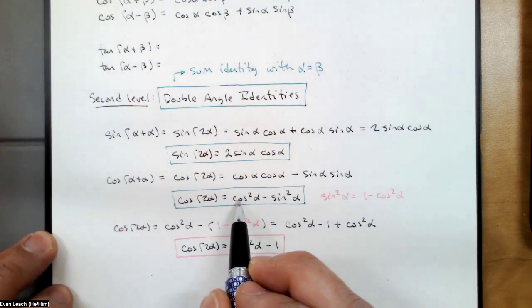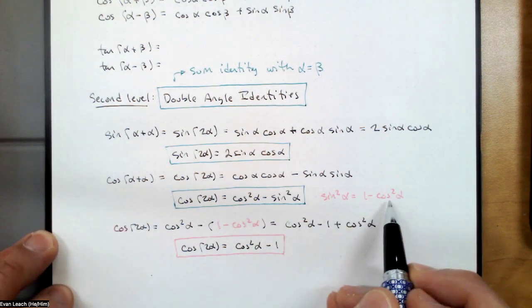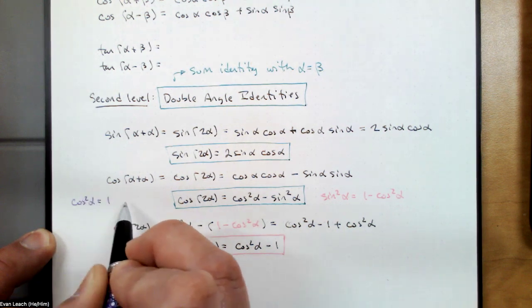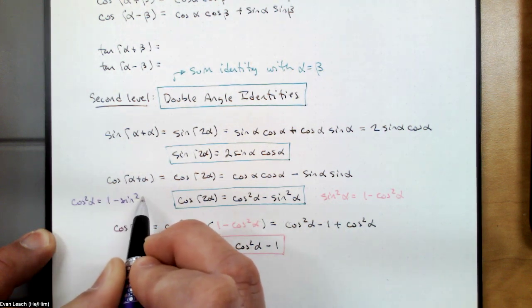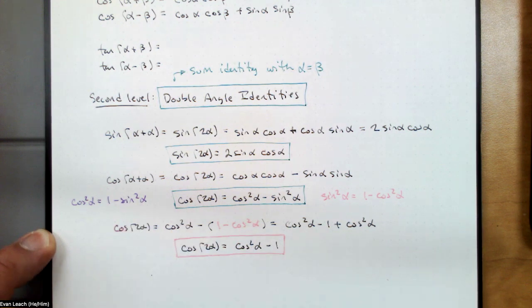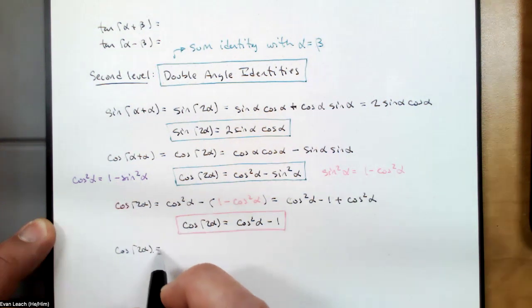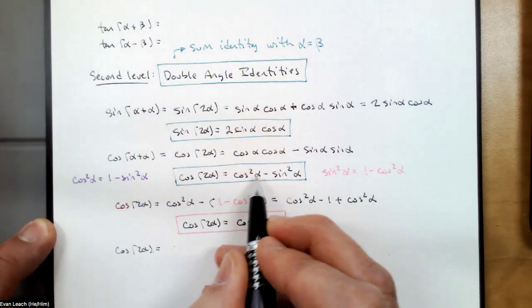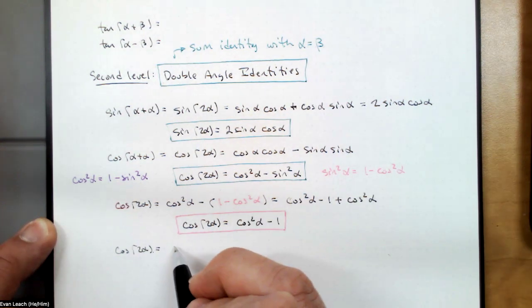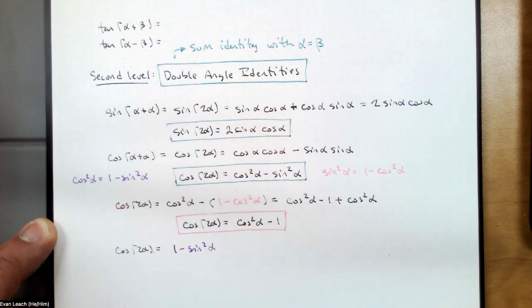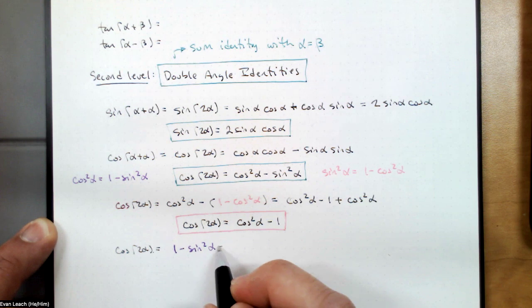So for this cosine, here I used sine squared as 1 minus cosine squared, but it's also true that cosine squared alpha is 1 minus sine squared alpha. So I can write cosine of 2 alpha by replacing the cosine squared with 1 minus sine squared, and then finishing with minus sine squared.